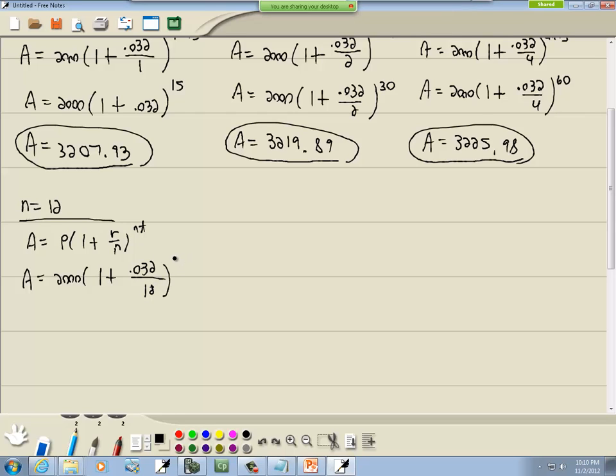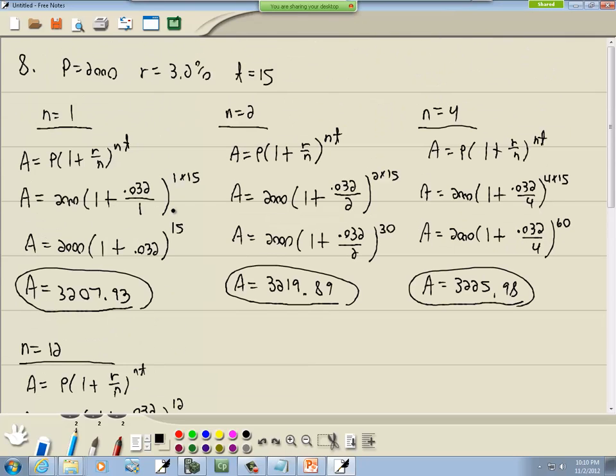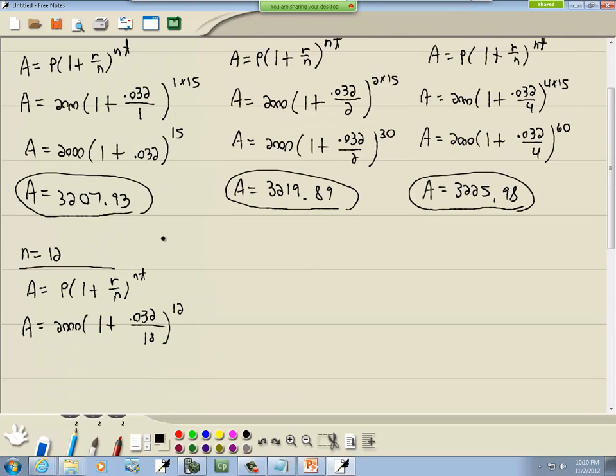Raise the NT power. So we got 12 times something. What was T? T is 15. I really don't know what that is, 12 times 15, so I guess I can't do that in my head. Let's try it again. Okay.